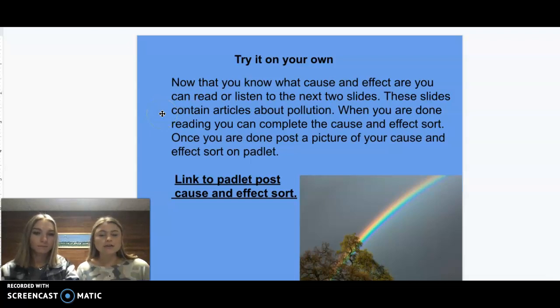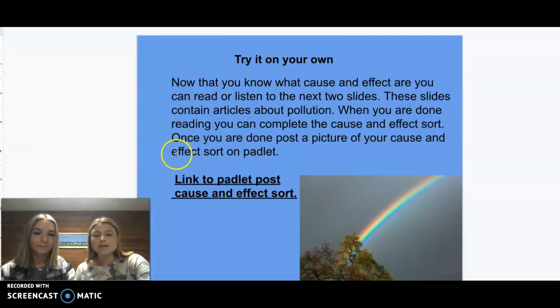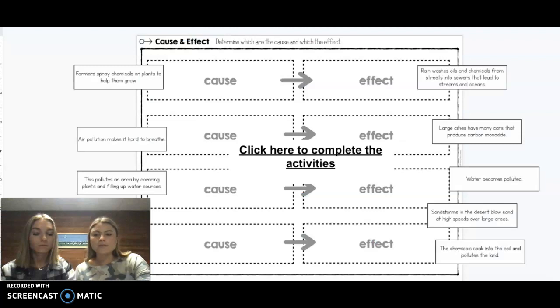These slides contain articles about pollution. When you are done reading, you can complete the cause and effect sort. Once you are done, post a picture of your cause and effect sort on Padlet. So you're going to click the link right here and you can take a picture of your cause and effect sort and post it there.